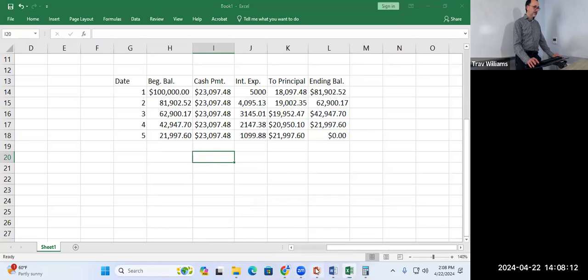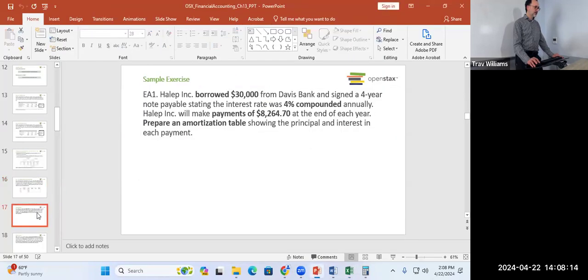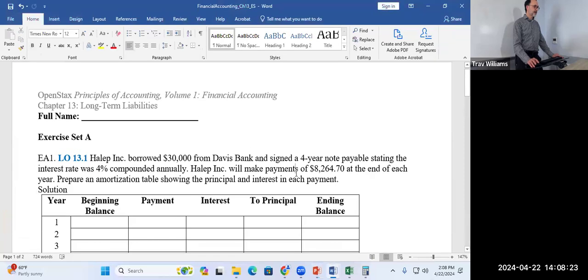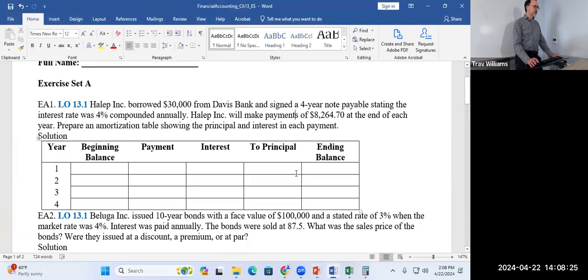So let's go back to the chapter. Let's see what's next here. Oh, an exercise. Okay. Exercise number 1. All right. Aha. Okay. So this one's similar to what we just did. Here, the loan was for $30,000. So that is the beginning balance.